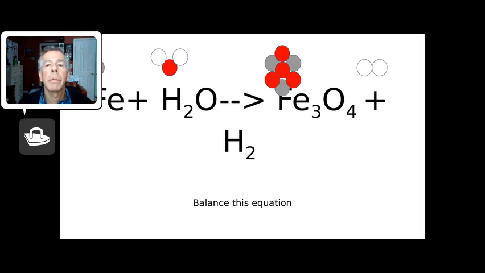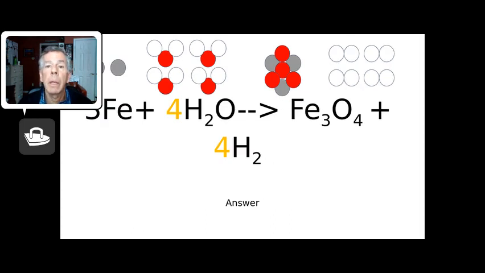So iron is 3 here and 1 there. You got to put a 3 here to balance that out. So you have 2 hydrogens on each side. That's good. You have 4 oxygens here and 1 there. So you have to put a 4 there. When you put a 4 there, you get 8 here. So you would have to put a 4 there to balance it. And that's all you need to do.